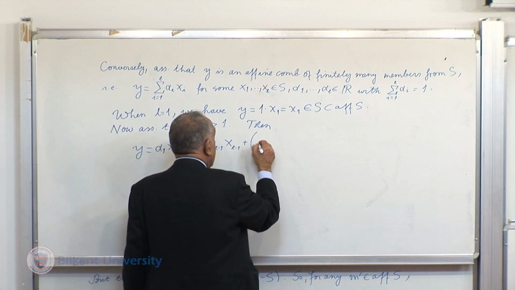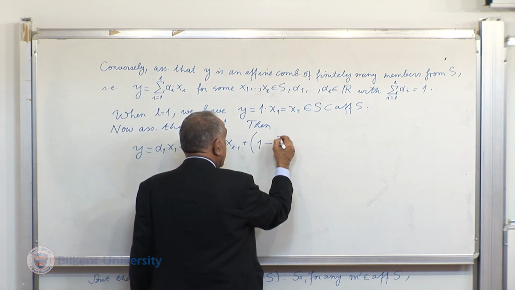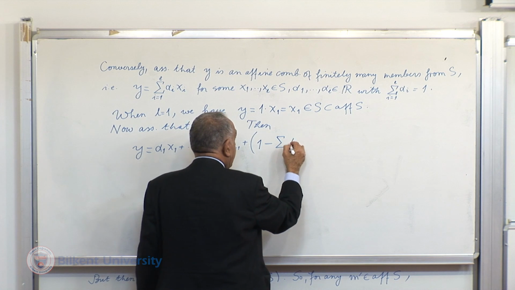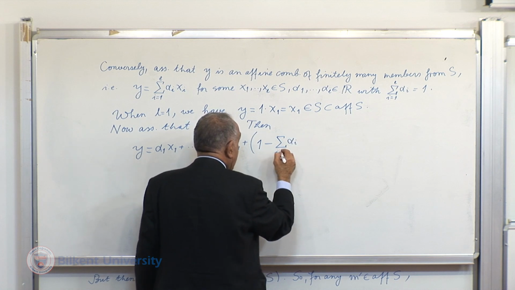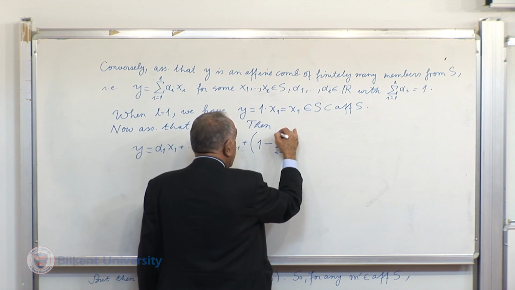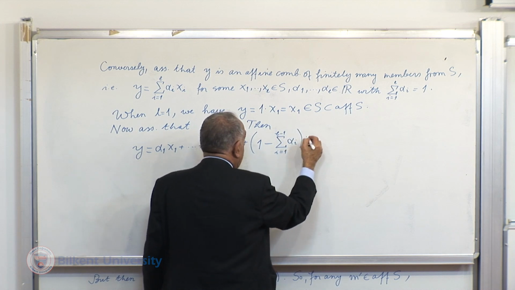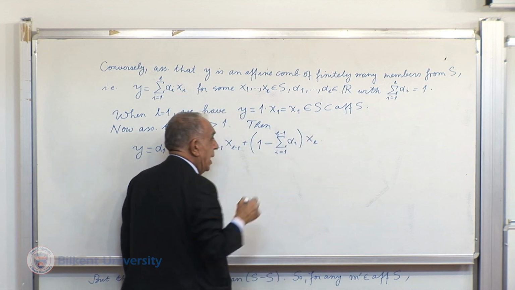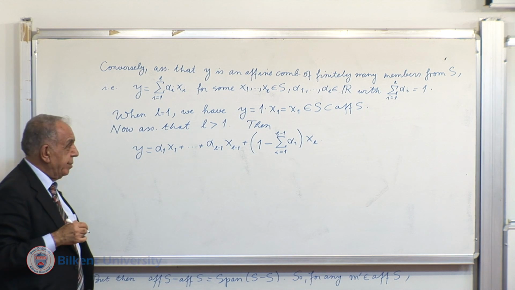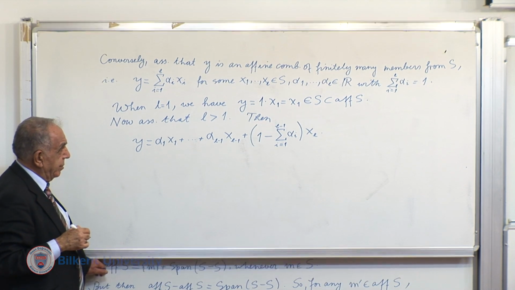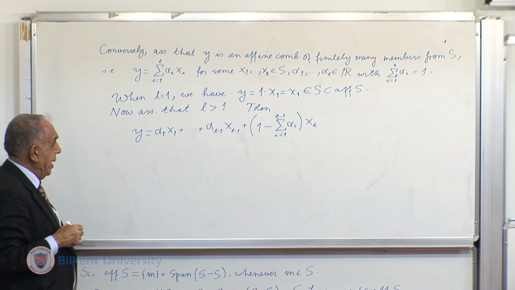It will be 1 minus the sum of alpha i's, i from 1 to l minus 1, times xl.